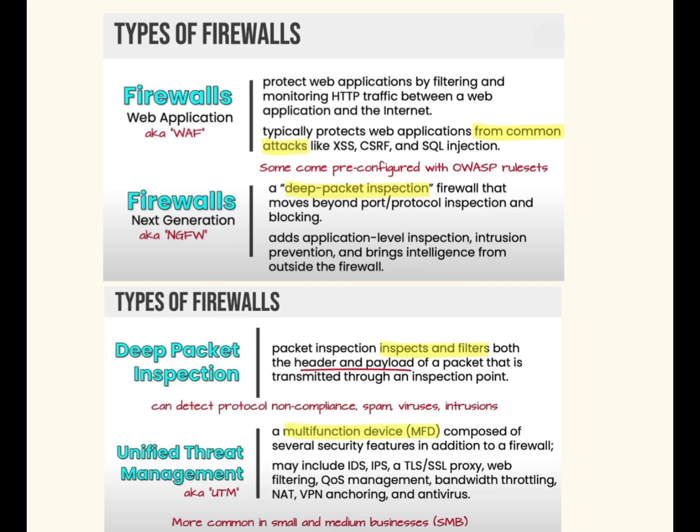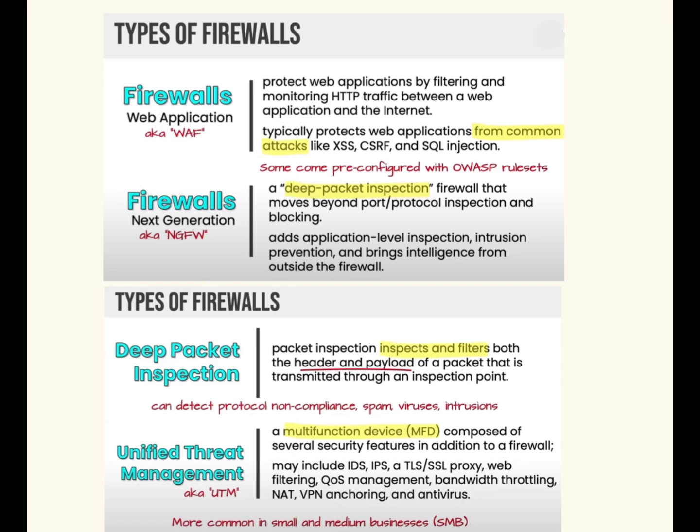Third one, deep packet inspection. Deep packet inspection inspects and filters both the header and payload of a packet that is transmitted through an inspection point. So it reads the entire data packet, both the header, who it's from, and the payload, what's inside. It detects spam, viruses, intrusions, and rule-breaking traffic.